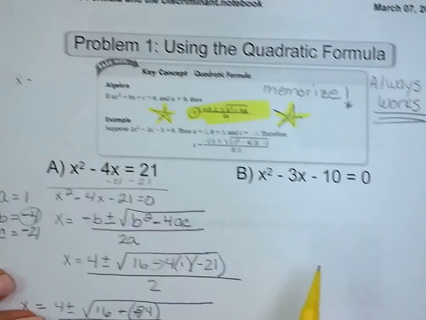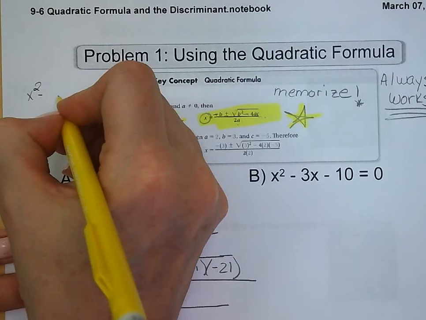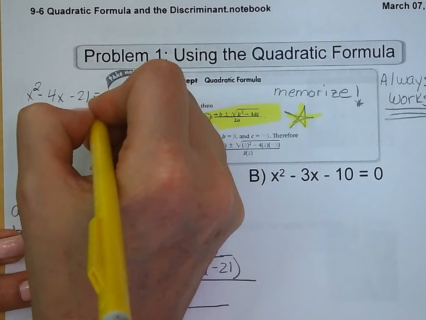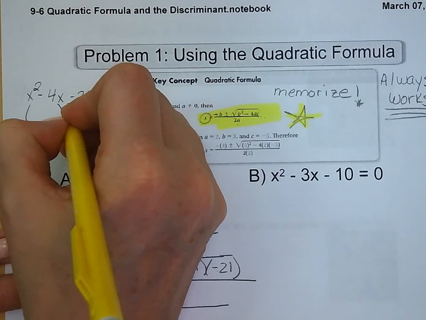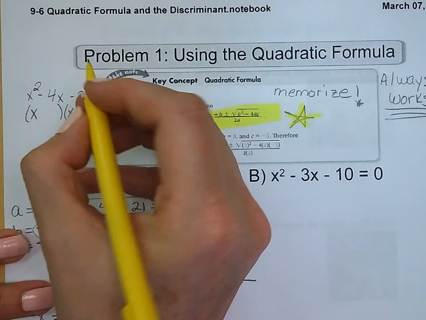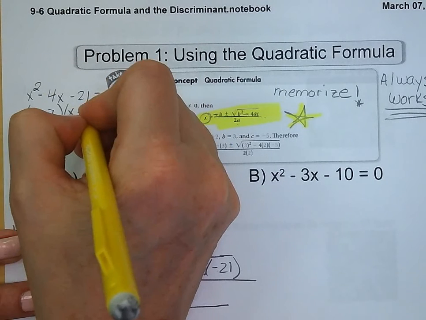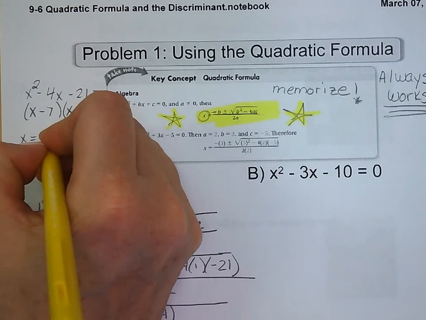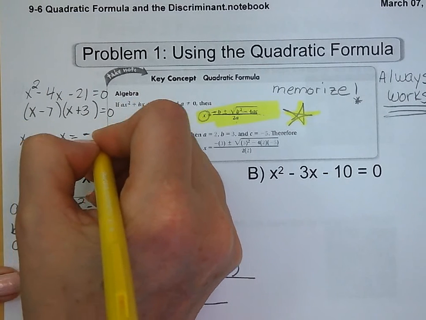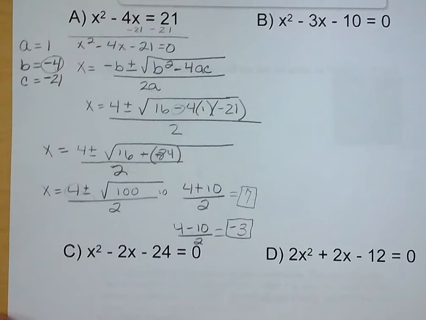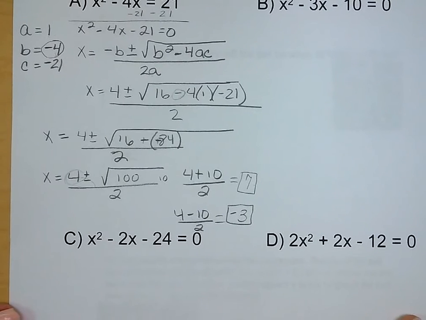So you're still going to get the same roots, you're still getting the same answers, but quadratic formula isn't always the easiest way. Sometimes it's the only way. So it would be x minus 7 and x plus 3. Using the zero product property, we would still get the same two roots, which would be a positive 7 and a negative 3. So two different approaches to get to the same answers.